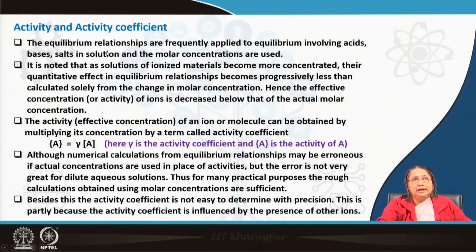Why? Because when there are many ions, they influence each other. As solutions of ionized materials become more concentrated, their quantitative effect in equilibrium relationships becomes progressively less than calculated solely from the change in molar concentration. That means, at higher concentration, if we use the molar concentration, then there may be some error.